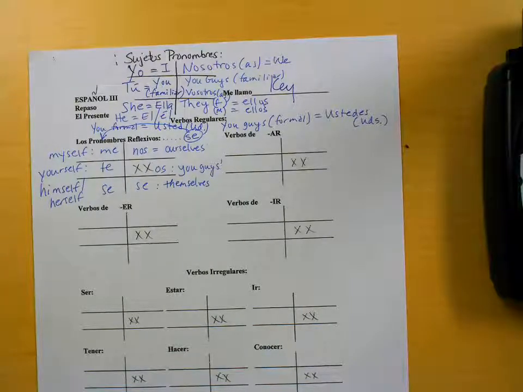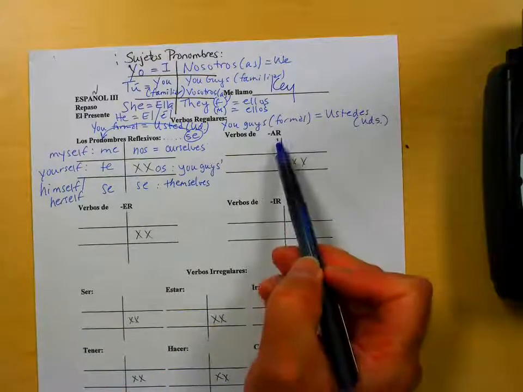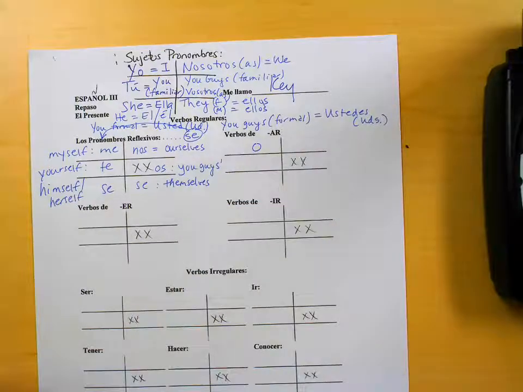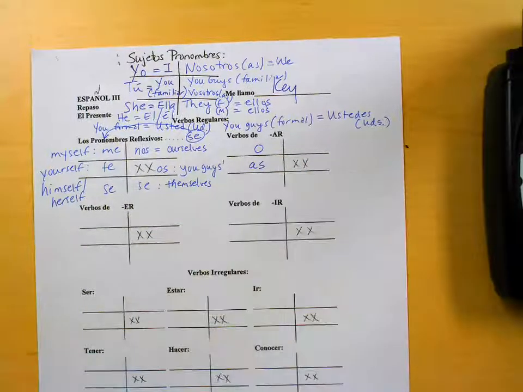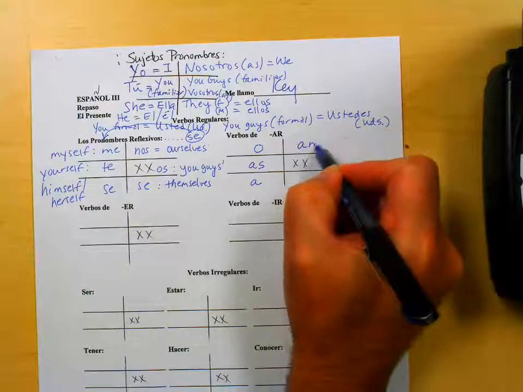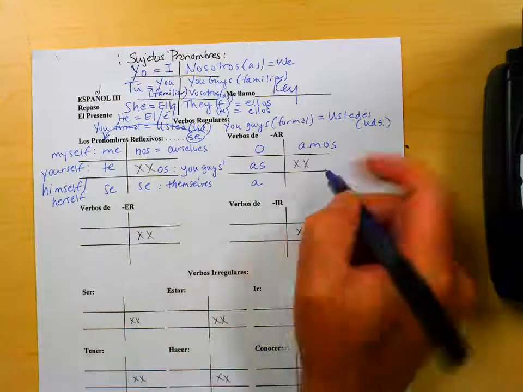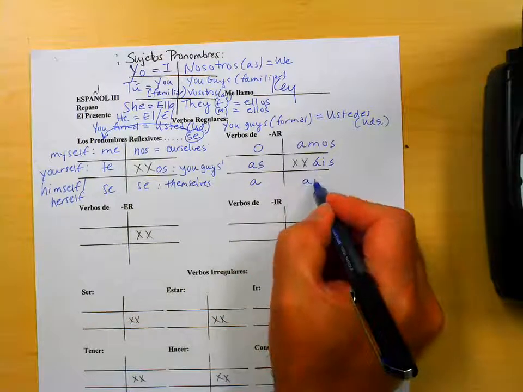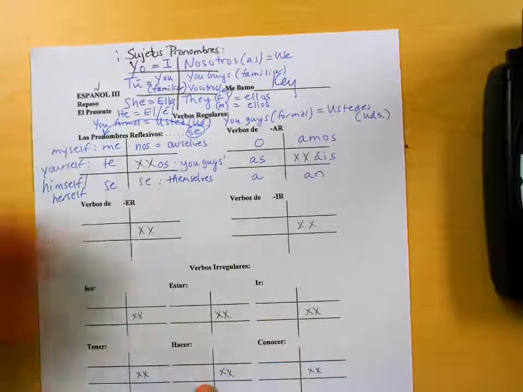All right, AR verbs. If you remember, to conjugate an AR verb in the present tense, you remove the AR and you add the following endings. In the yo form, you add o. Tú form, you add as. He or she form, or the usted form, you add a. The we form, you add amos. Vosotros form, you add áis, and the ellos, ellas, ustedes form, you add an. So remember, it's like a matching game.